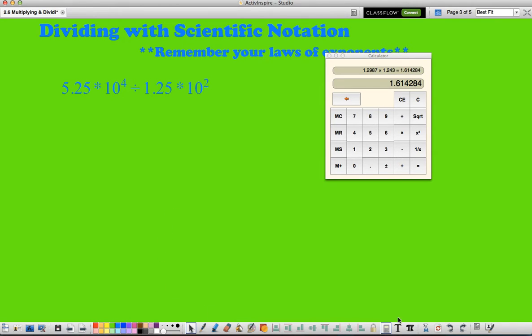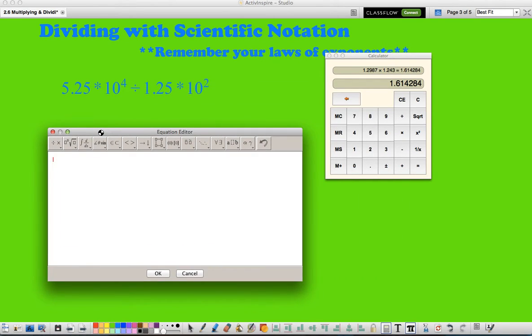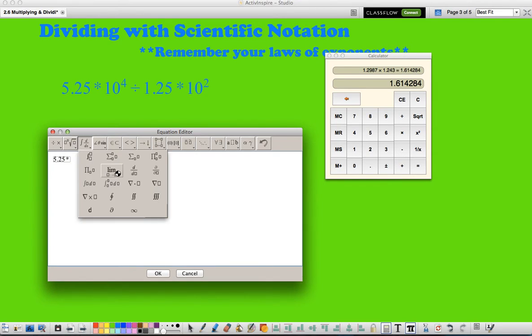So here, let's turn this into something that kind of looks like a fraction. So we have 5 and 25 hundredths times 10 to the fourth power.